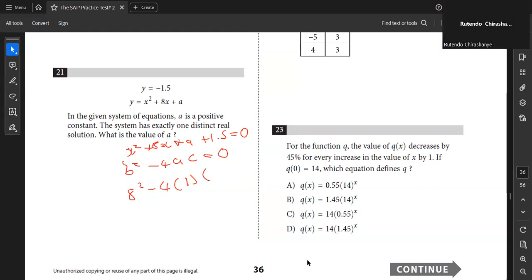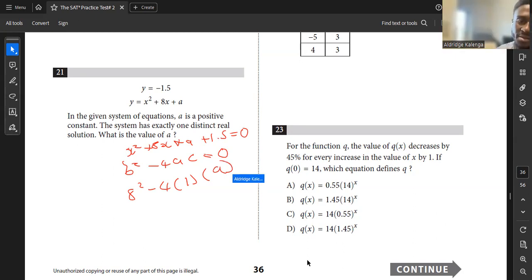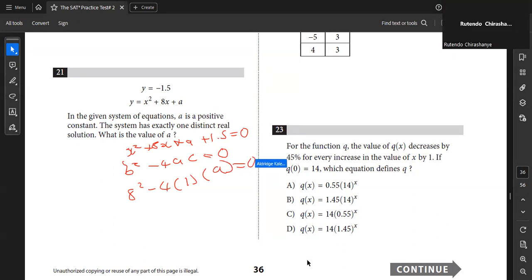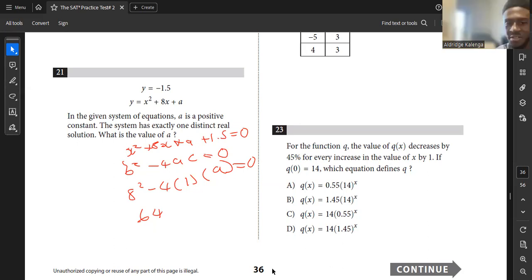Let's see. It's equal to 0. It's actually not 14.5. It's actually 16. I just found 16. Oh wait, no. The constant is a plus 1.5. There you go. Sorry. So this is how you guys are finding 16, right?